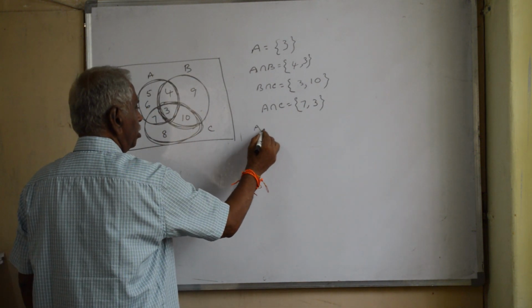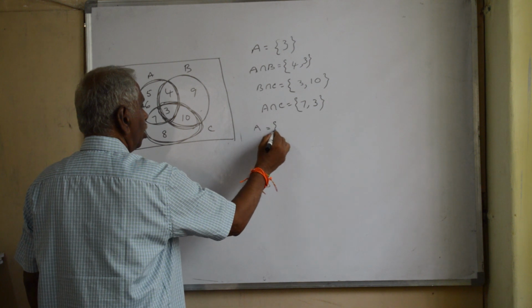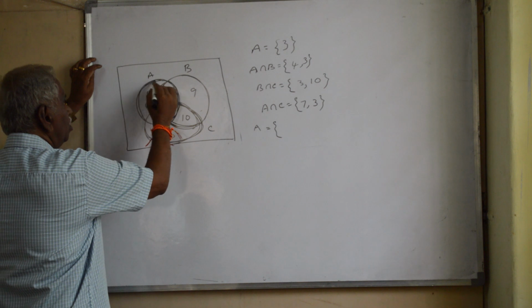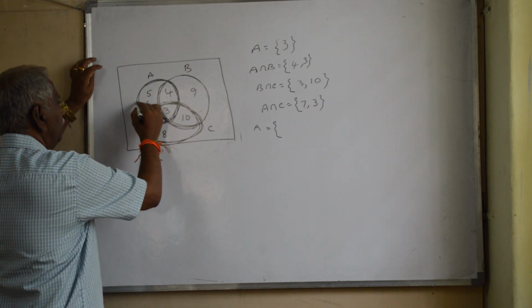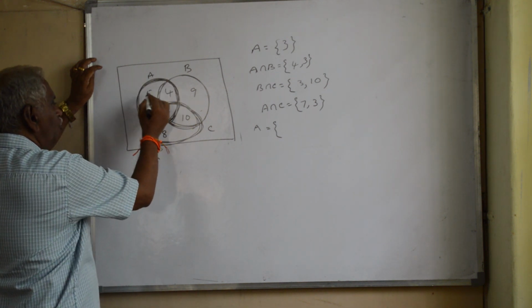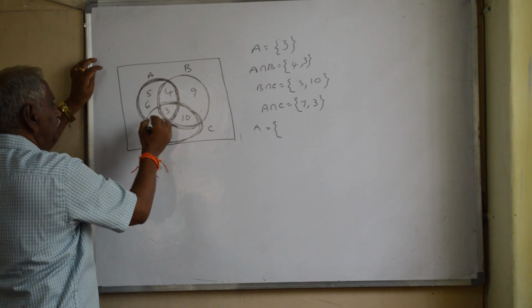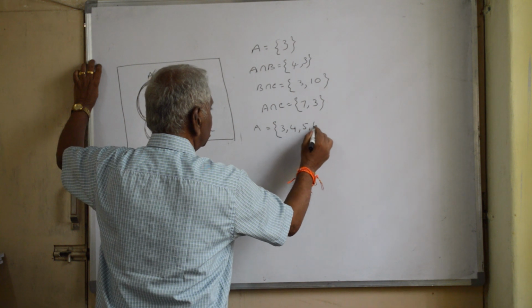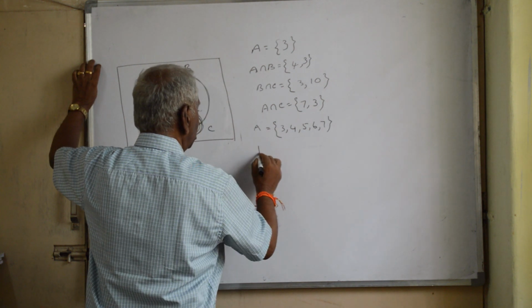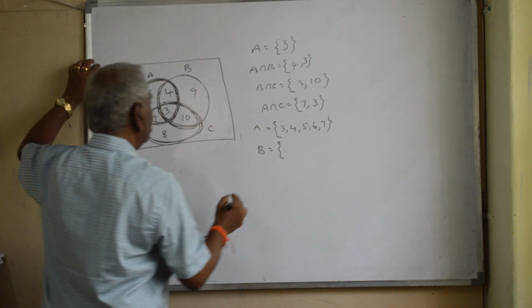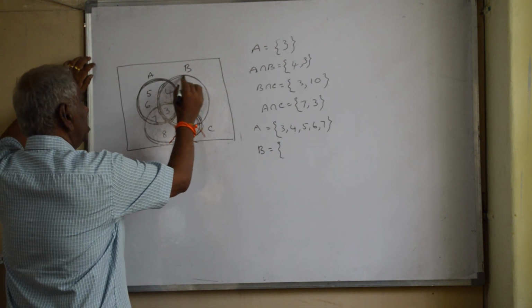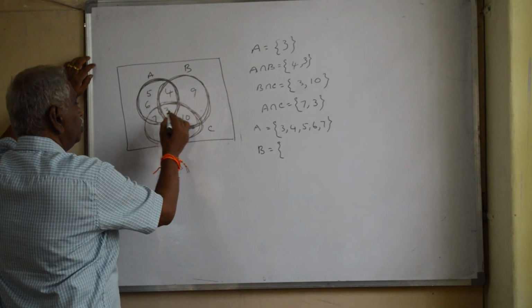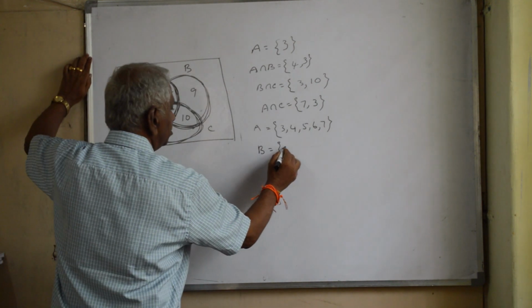Now, what are the elements of A? Let us consider the elements here: 3, 4, 5, 6, 7. And what are the elements of B? 3, 4, 9, 10.